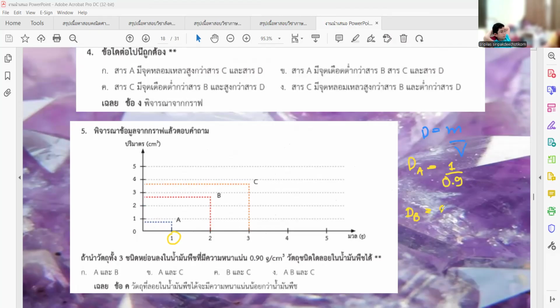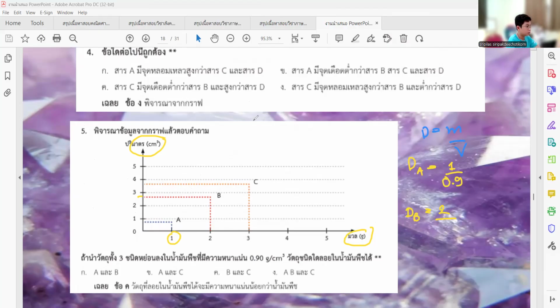Equal to 2 grams divided by... No, this is mass, and this is volume. You have to calculate. The density is gram per cubic centimeter, so we can use gram, no need to change.